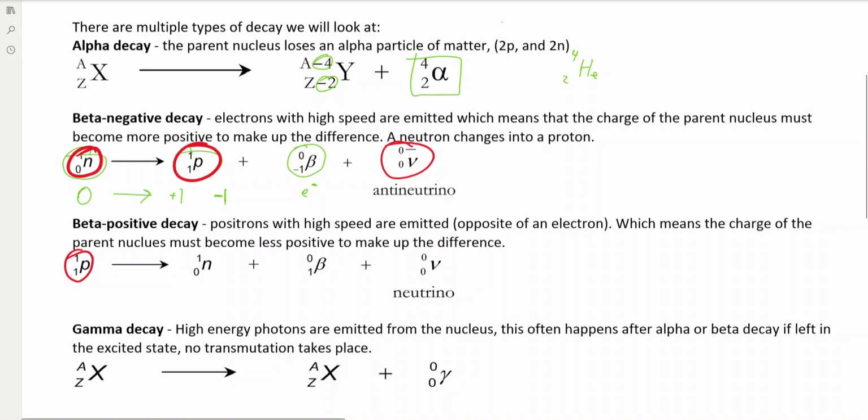So here, let's just talk about the charges first. The charges are most important. So it's +1, and then afterwards it's 0 because it's a neutron, but it's also plus a positron, so plus a +1. So it still is the same charge before and after.